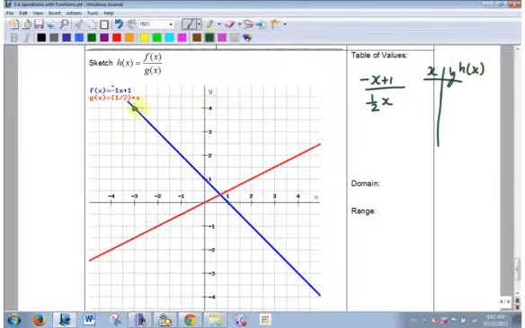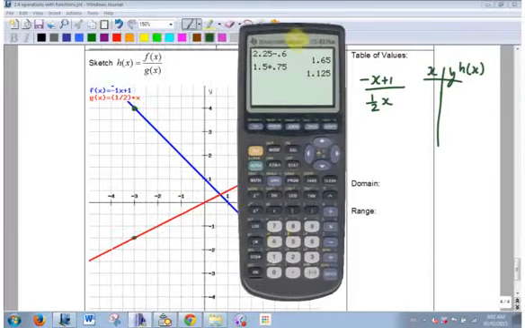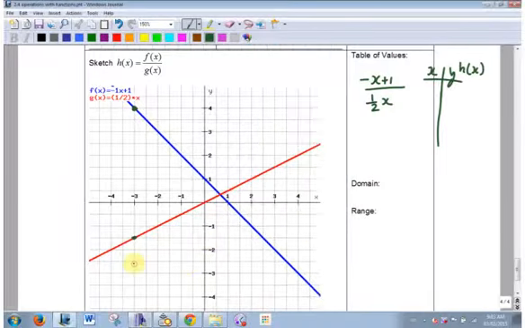So it's 4 divided by negative 1.5. What's that? It's negative 2.67 or 2.7, okay? 4 divided by negative 1.5 is negative 2.7. So right about there is a point.